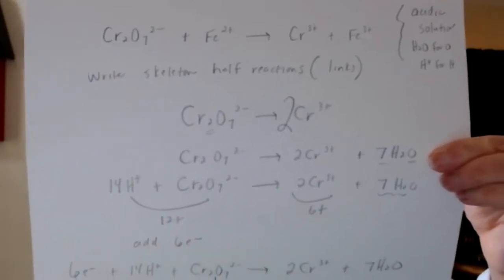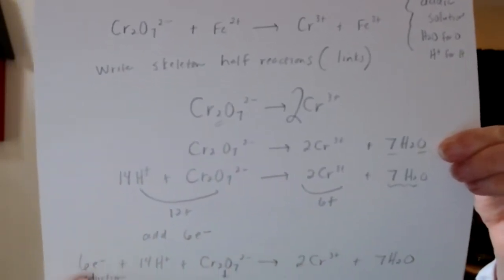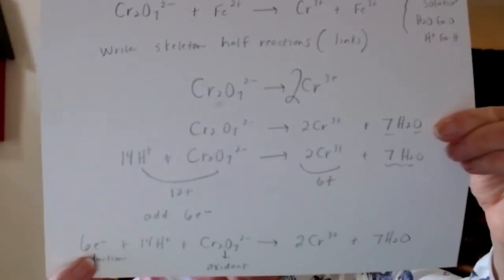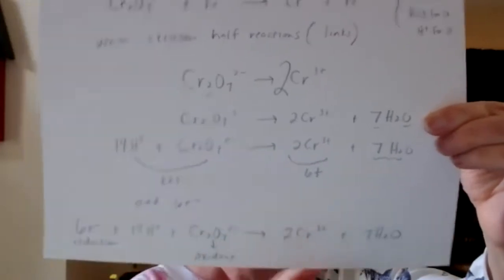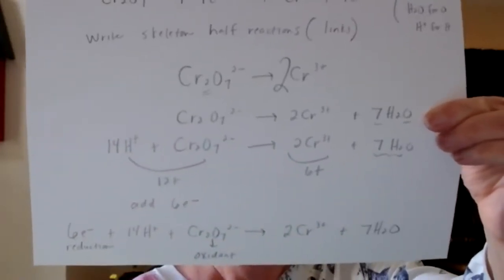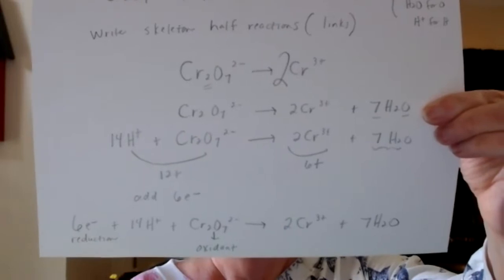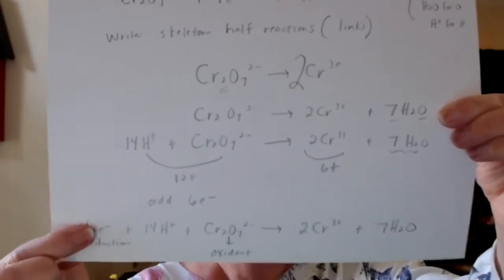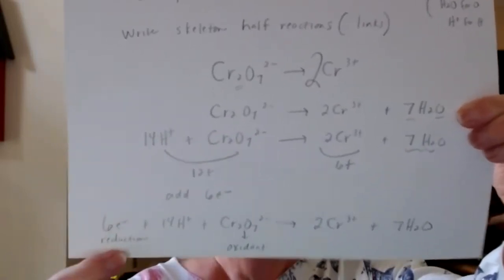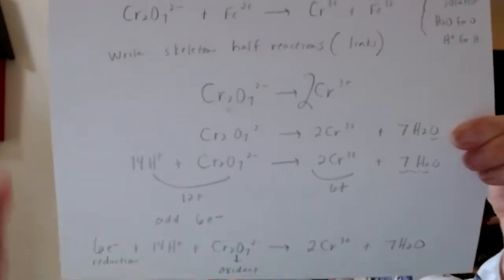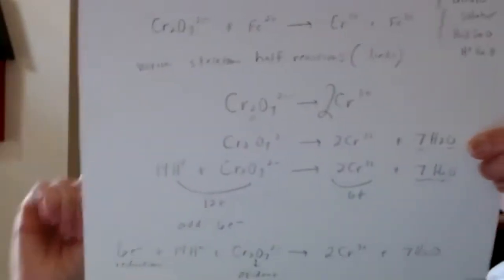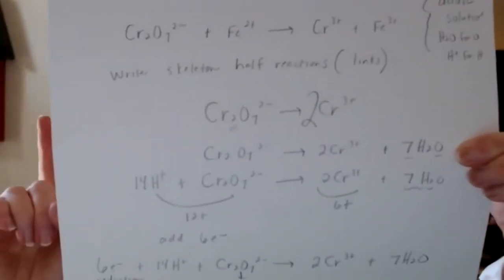I'm going to need to add electrons on this side to get the 12 to come down to 6. They have to be 6+, 6+. Okay, so this is because I'm gaining electrons here, it's reduction. So the dichromate is the oxidant. All this work was for that half reaction.